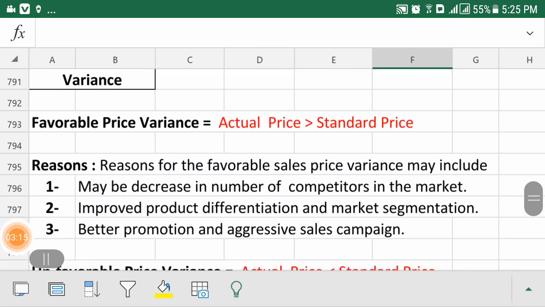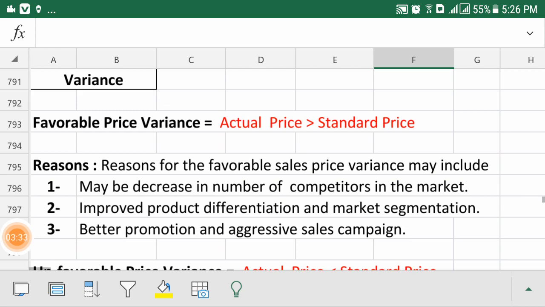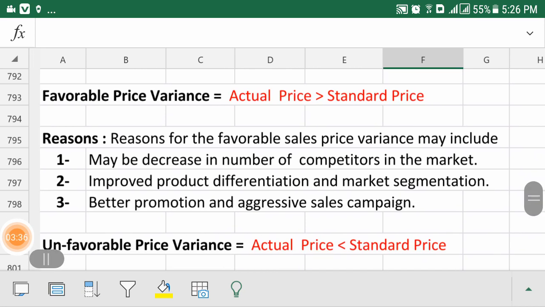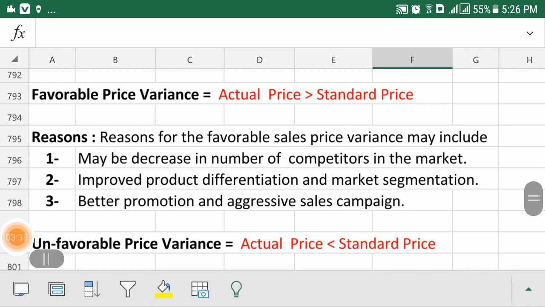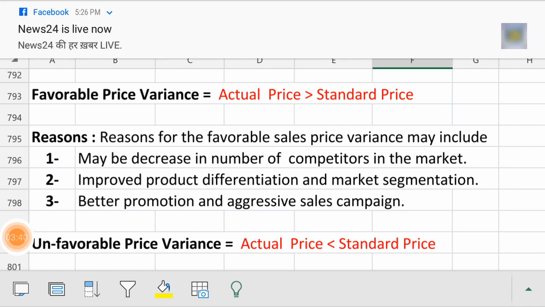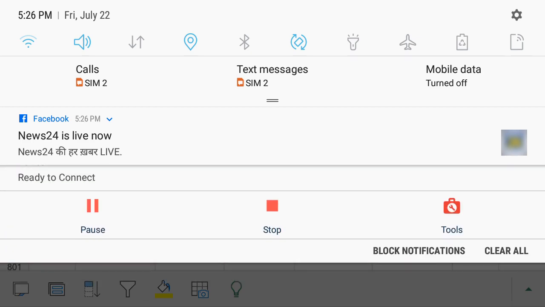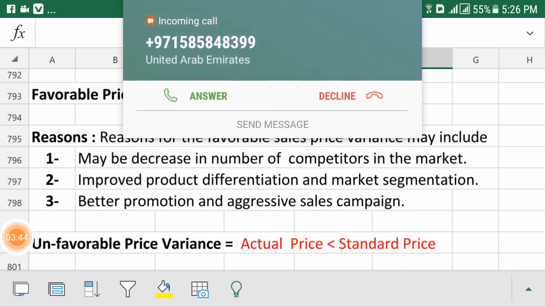Here the price variance will be favorable when the actual price is greater than the standard price. So if the actual selling price of the particular product is greater than the standard one, then it will be favorable.